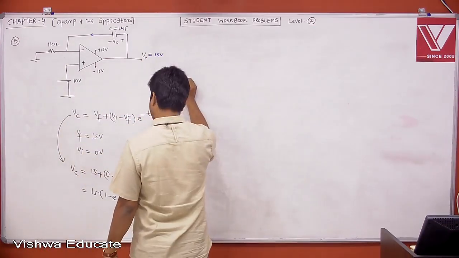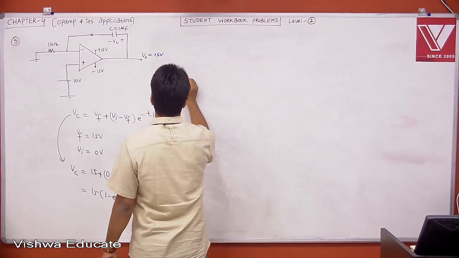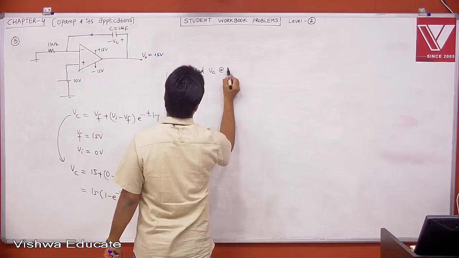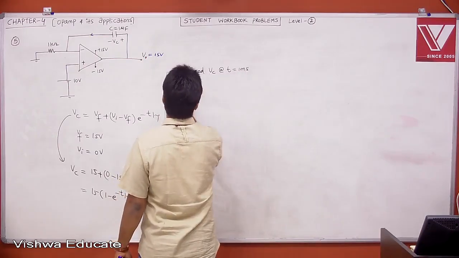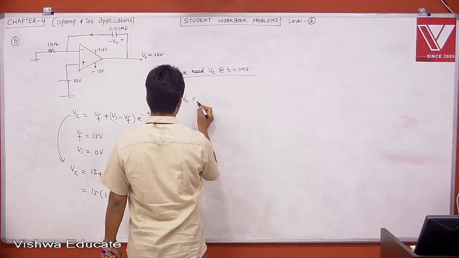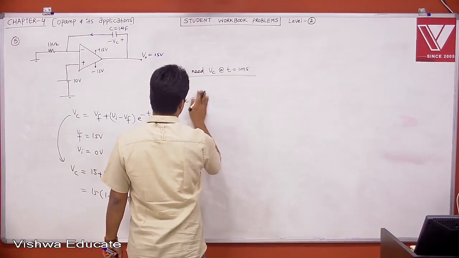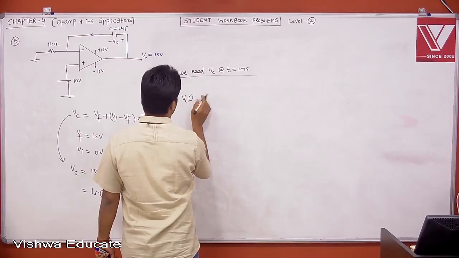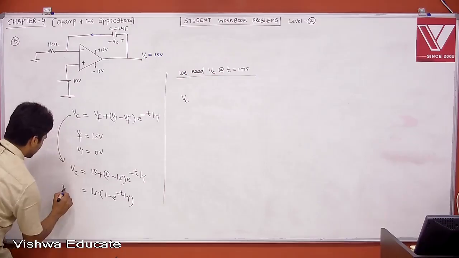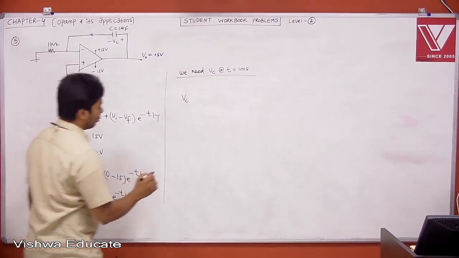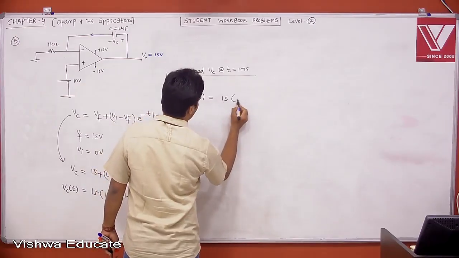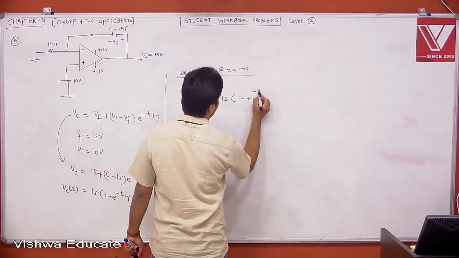Now we want to know VC, right? We need VC at time t is equal to 1 millisecond after closing the switch. Therefore VC of 1 millisecond is 15 into 1 minus e to the power of minus t by tau. This is VC of t, the voltage across the capacitor with respect to time t. Here t is 1 milli.